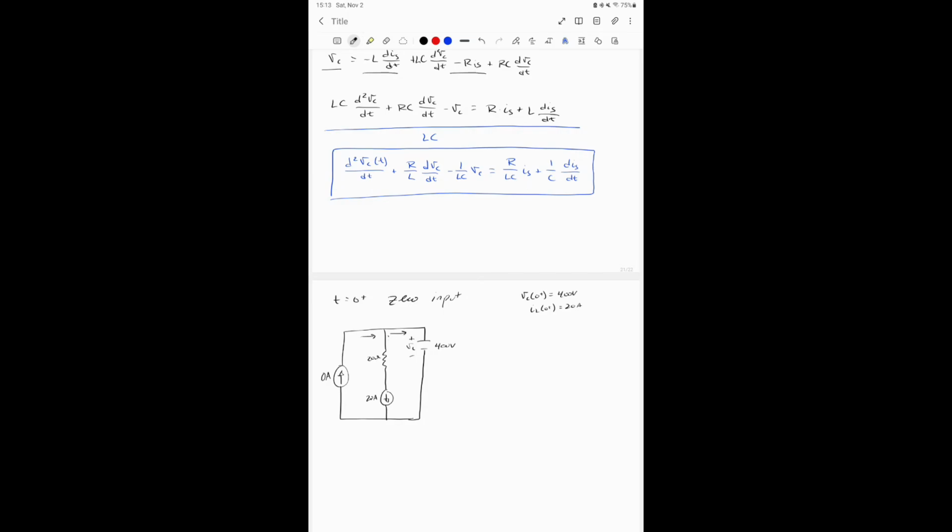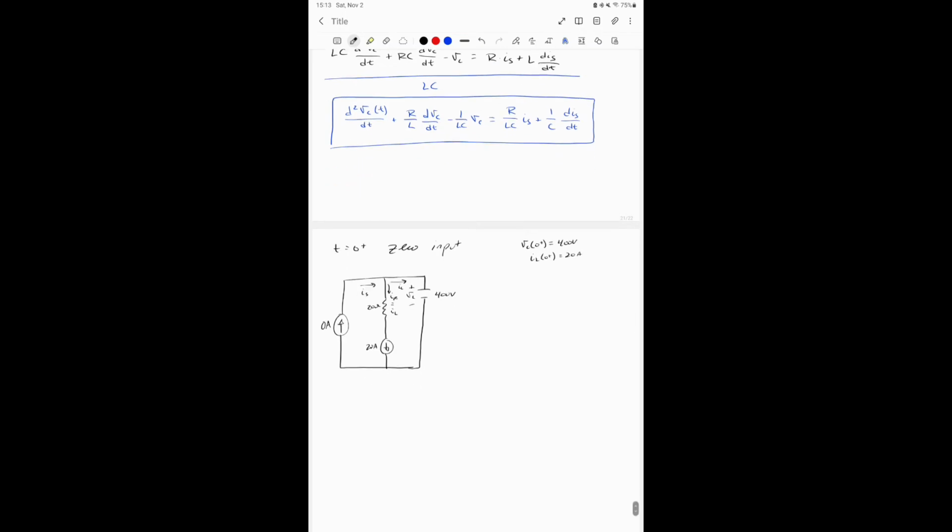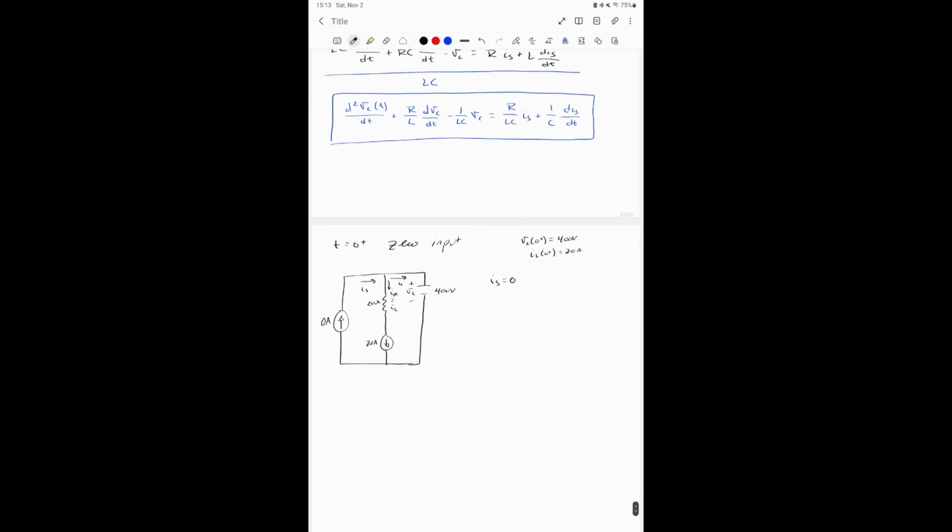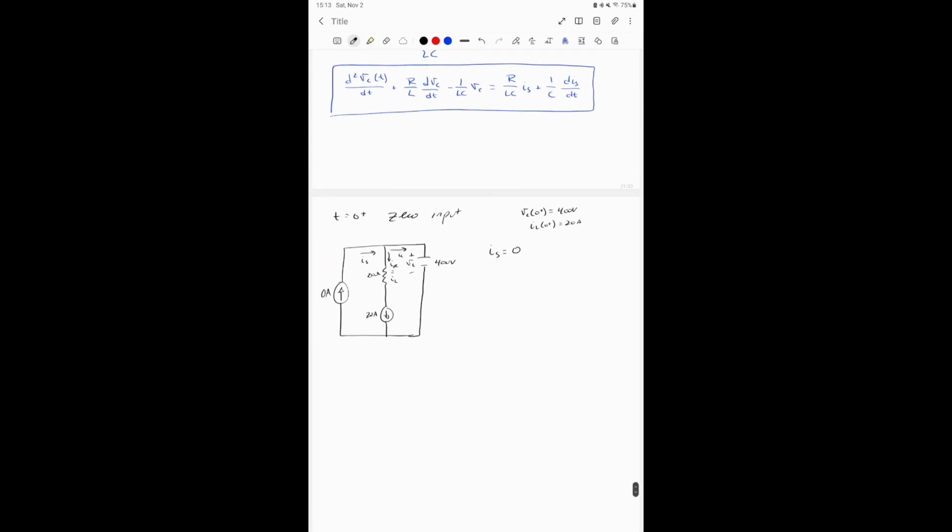Because this is our KCL, like this: IS, IR, which is equal to IL. This is our IC. So that means that our IS is going to be equal to 0. Which means we can rewrite our differential equation, probably plugging in some of our values along the way. That way it'll make our lives easier. And setting the whole thing equal to 0 since our IS is 0.